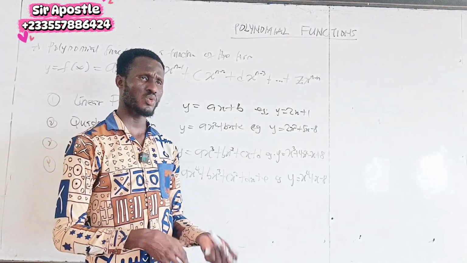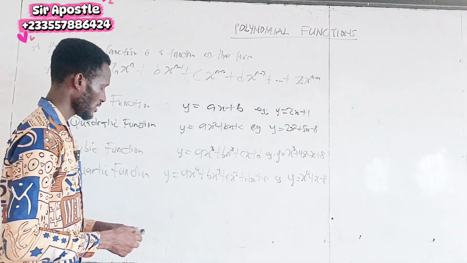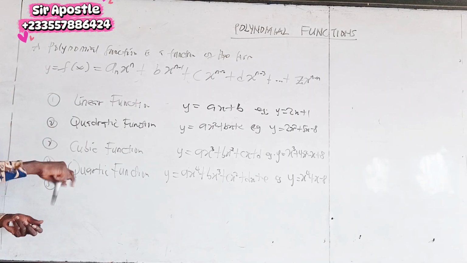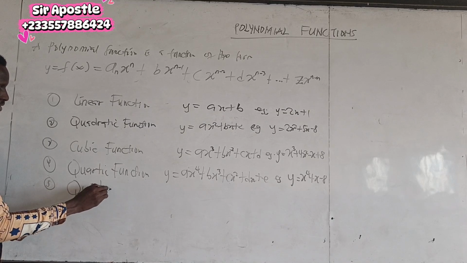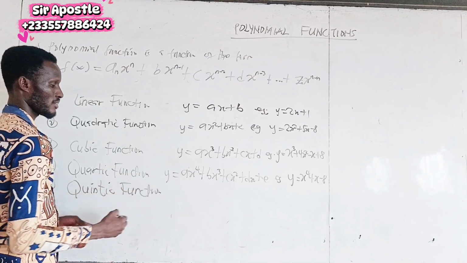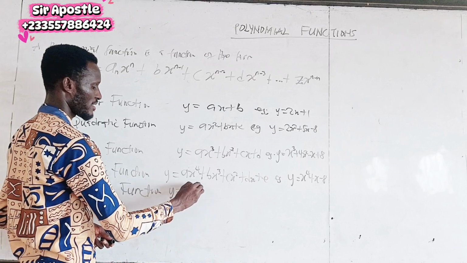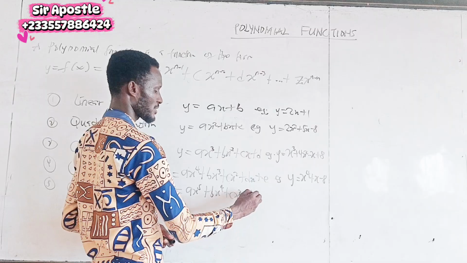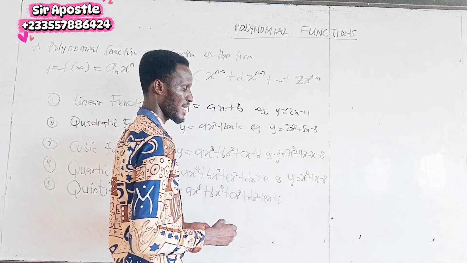Now if you want to continue, you can also have a quintic function. Let me talk about the last one. This is when the highest exponent is 5. You can get something of the form ax exponent 5 plus bx exponent 4 plus cx exponent 3 plus dx exponent 2 plus ex exponent 1 and then plus, let's say, f.